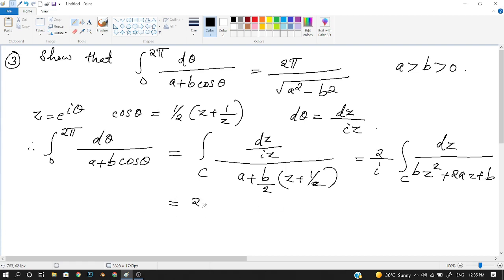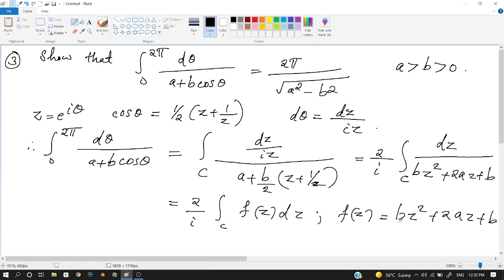So this is equal to 2 by i integral over C f of z dz, where f of z is 1 by bz square plus 2az plus b. Here we can denote the denominator by g of z, where g of z is equal to bz square plus 2az plus b.